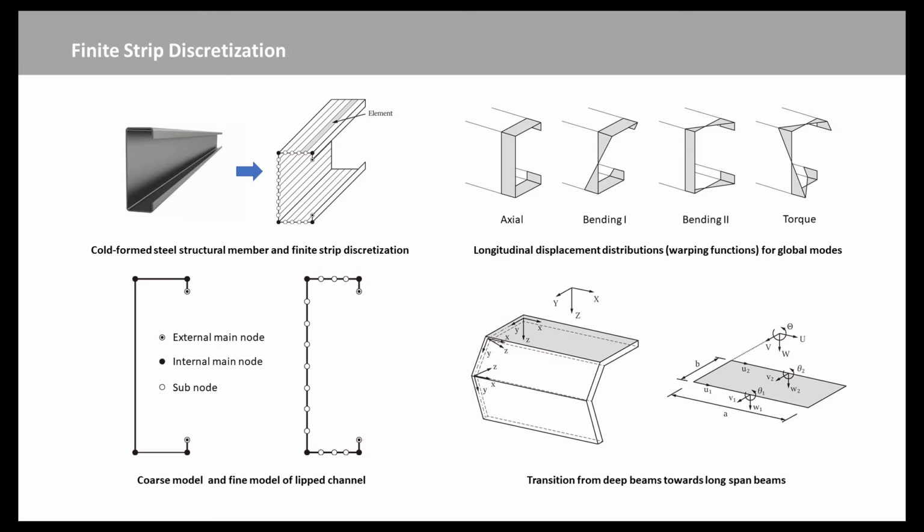In what follows, the displacements u, v, w will also be referred to as the warping, transverse, and out-of-plane displacements respectively. In addition, the displacements small v and small w are often termed cross-sectional displacements. The notations are regarding local and global displacements for a strip with length a and width b.